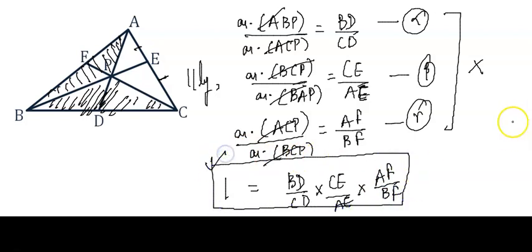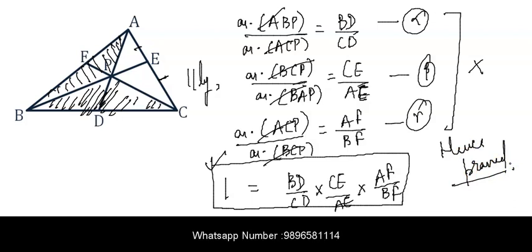So this is the proof of Ceva's theorem using the concept of areas. We can have other proofs also. I hope this is clear to you.